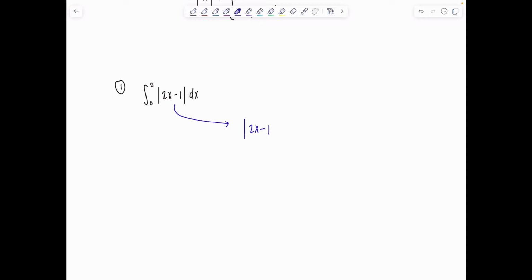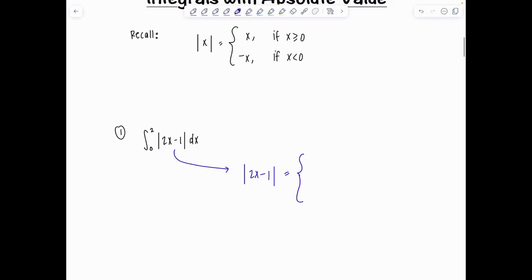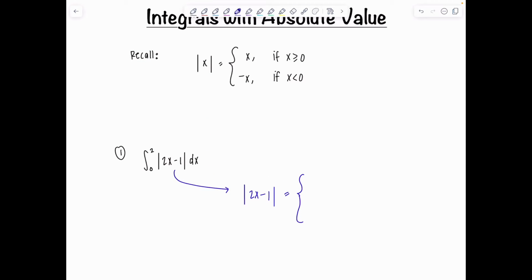So we have absolute value of 2x minus 1. Similarly to absolute value of x, I'm going to have either 2x minus 1 or negative (2x minus 1) in my piecewise function. So 2x minus 1 for certain values of x, or the opposite, negative (2x minus 1), for other values of x.